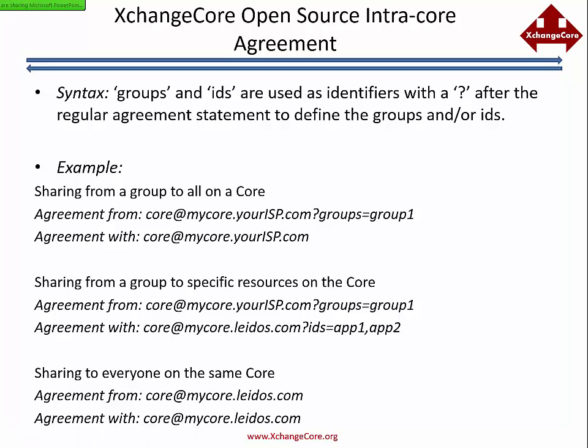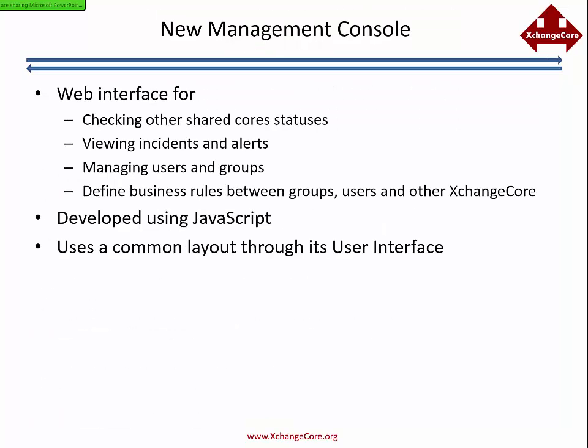So my group, that one in the middle says my group is going to share to those two specific applications. So not something we want to spend any time on, but very easy to sit down and draw a little chart and say, I want this one to share to this one. This is group number one. This is application two. I'm simply going to write this little tiny line there when you get into the administrative console, which is what we're going to take a look at next.